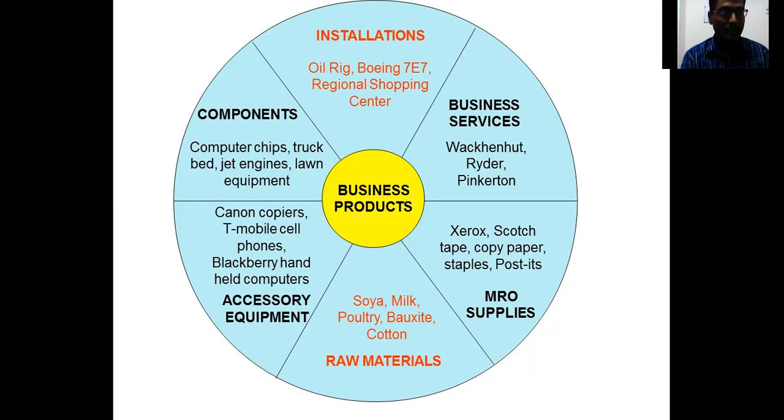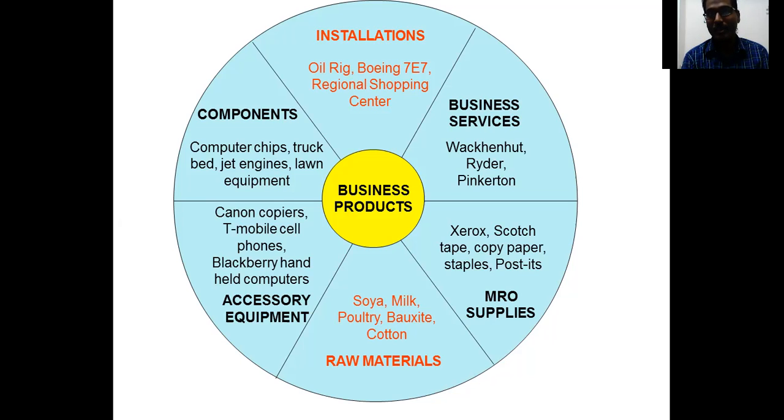For example, you go to a restaurant and eat food, that's a service. A patient visiting a medical clinic is also an example. Or a person going for a haircut in a salon or beauty parlor. All these are examples of a service. So these are the three aspects of a product.